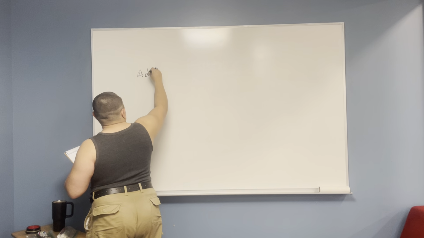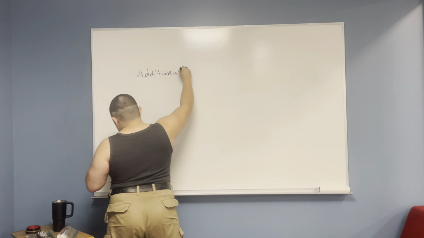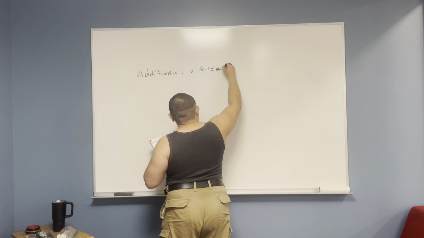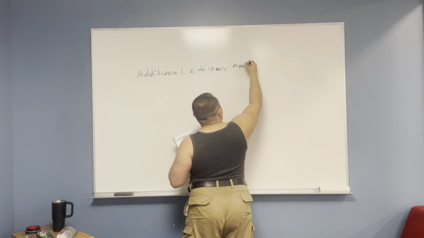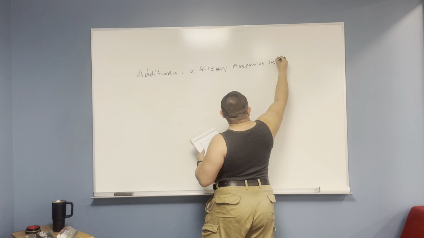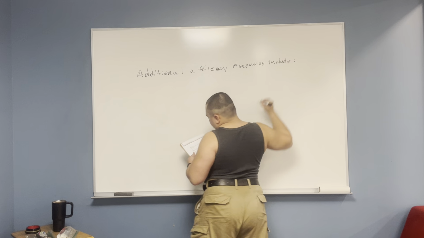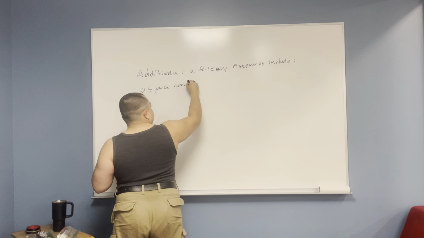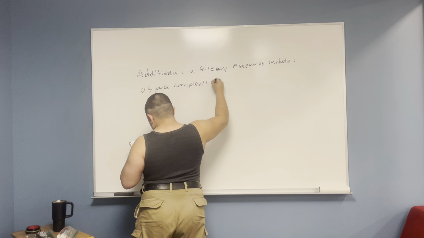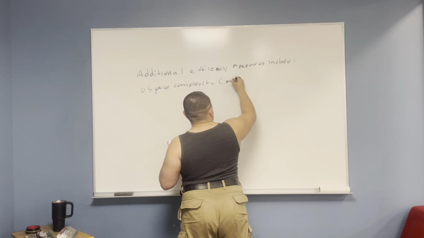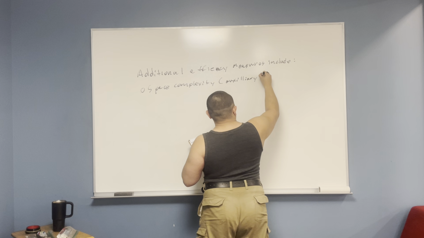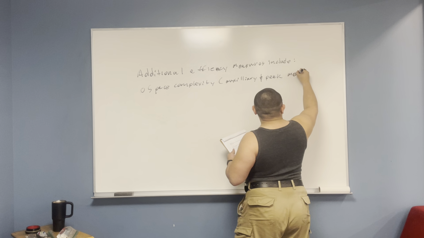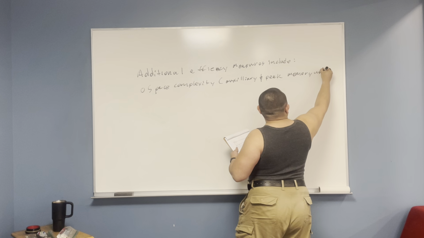So, additional efficiency measures, well, these include, for instance, space complexity, so auxiliary and peak memory usage. You can sort of look at that with RAM if you look at Task Manager, right?